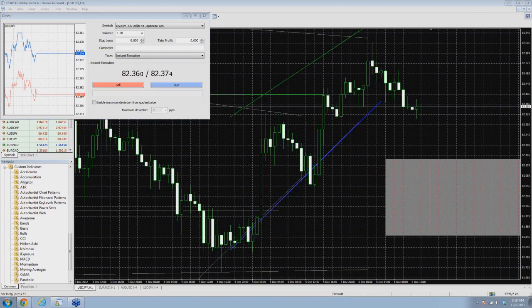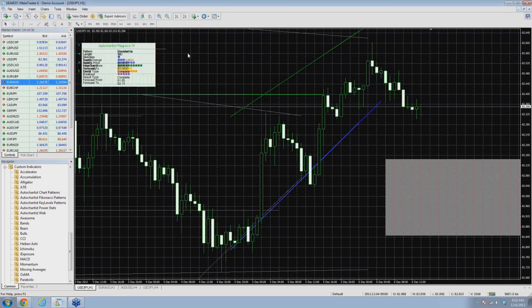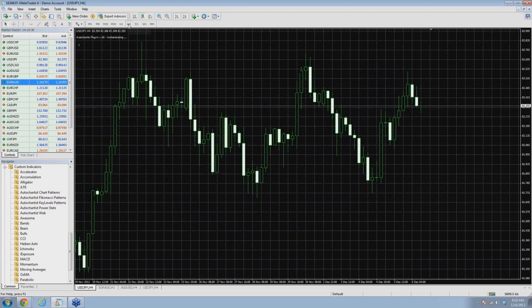First of all, you want to see the emerging pattern on this platform, and then you'll see that this is a US dollar Japanese yen on the 240-minute. So what I try to do is I go to my MT4 on the 240-minute, and you can see the same pattern developing here.